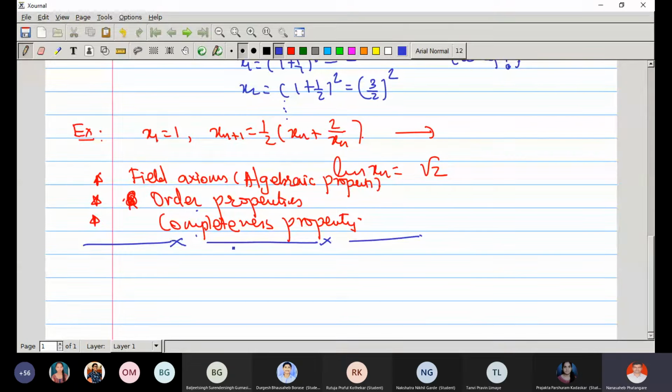Now, as a consequence of all these properties, there are certain properties of real numbers.